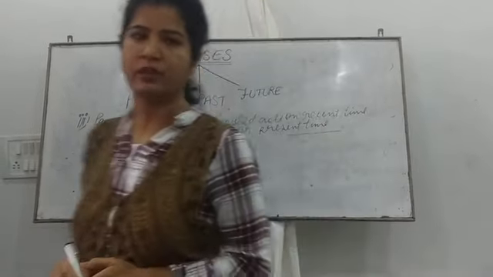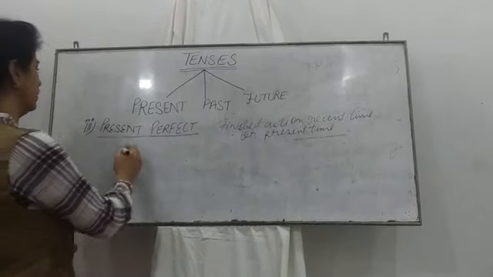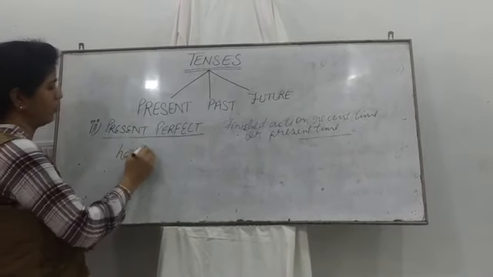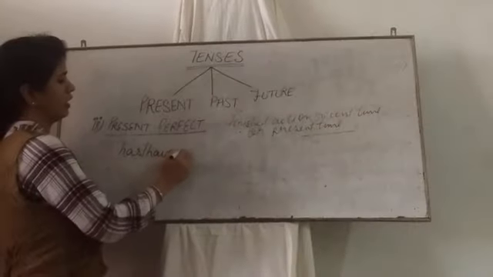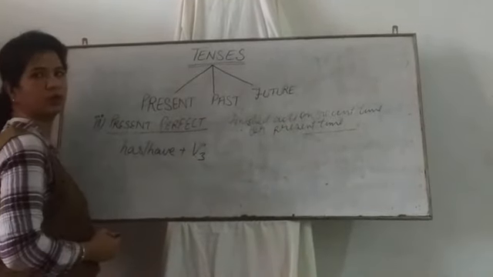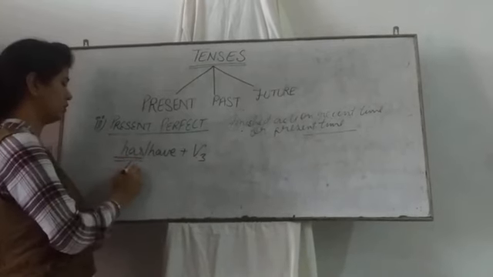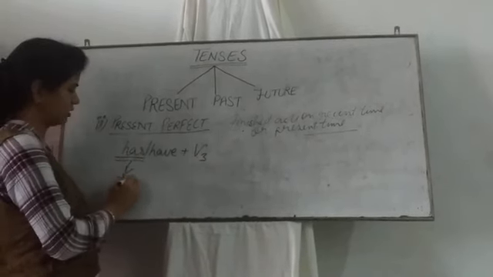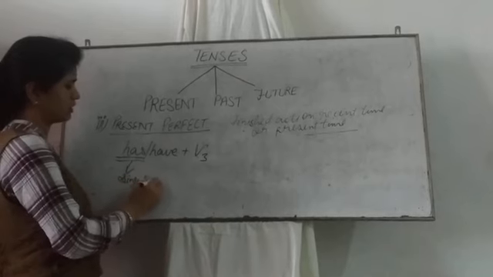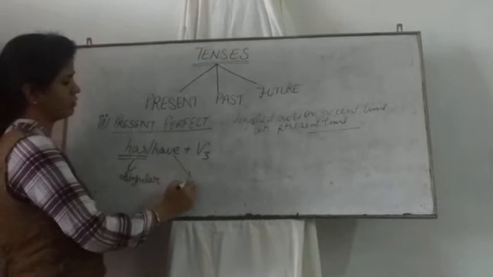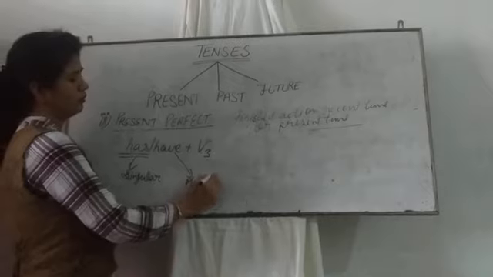The rules of present perfect tense are has, have, and the verb's third form. Has, again we use with singular subjects, and have is used with plural subjects.